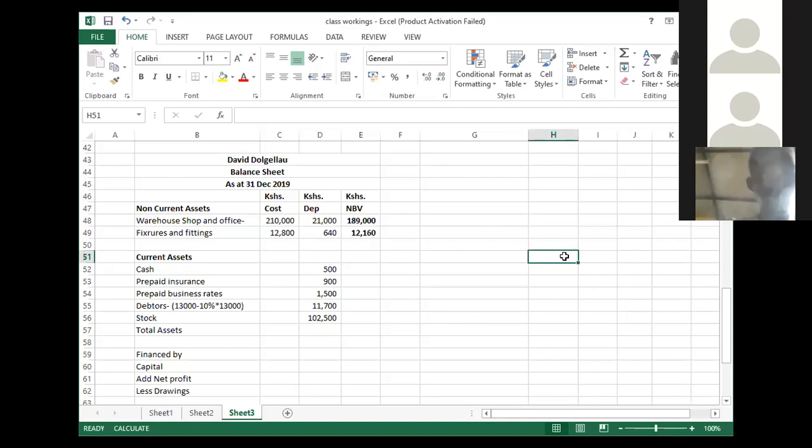Assets is equal to liability plus capital, capital plus liability, right?